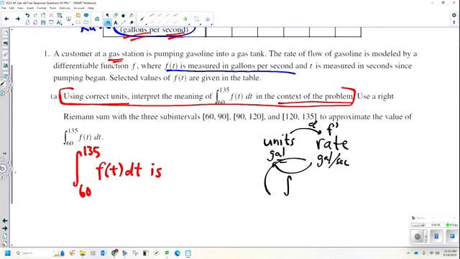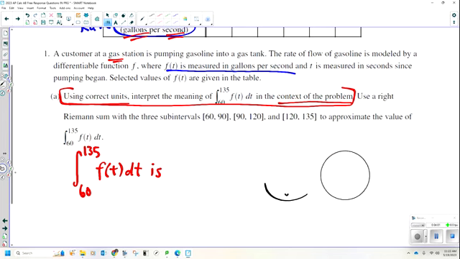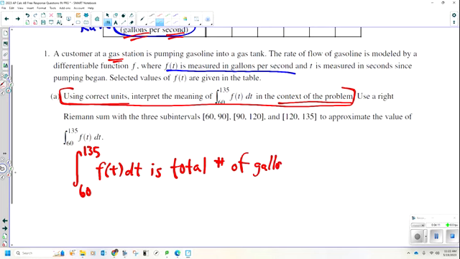But we're going backward. So the integral is the total number of gallons. That takes care of correct units. Okay? The total number of gallons of gas. That takes care of context of the problem. Okay?